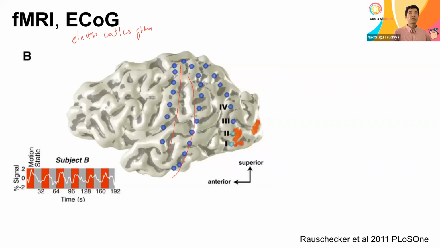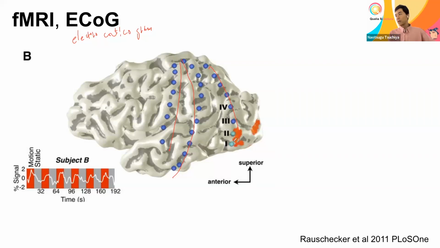And these are strips of electrodes inserted from the top. The purpose is to map out the locations of the brain that are critical for everyday functioning, so that they can take out the particular part of the brain to remove the epilepsy without changing the social and perceptual functioning.